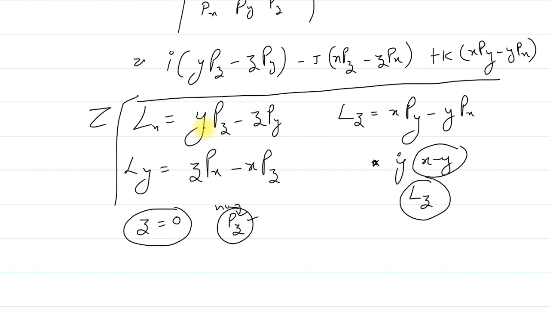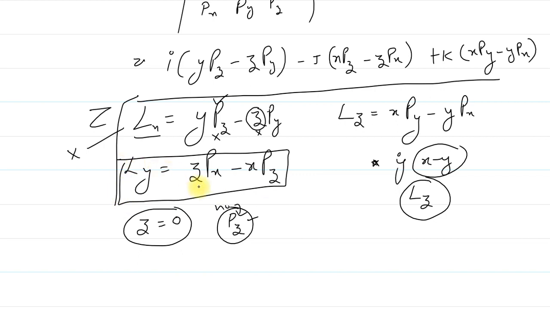So when we check the various cases, for our x component, there is no pz present, so that term comes out to be 0, and there is no z coordinate either, so that comes out to be 0. So Lx is not possible. Then we can check the Ly component of angular momentum. There is no z, so this is 0, and again there is no component of momentum in the z direction because the particle is in the xy plane.